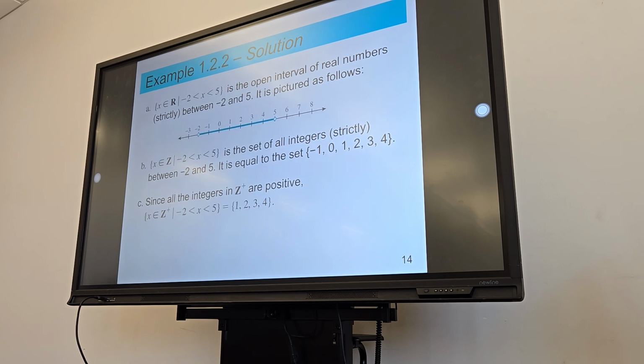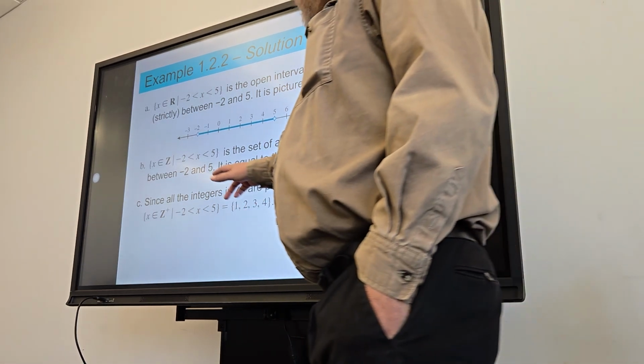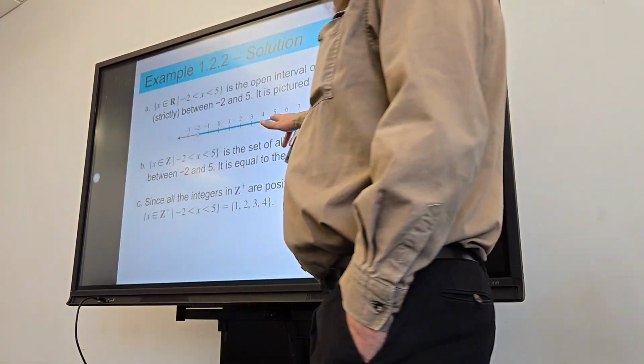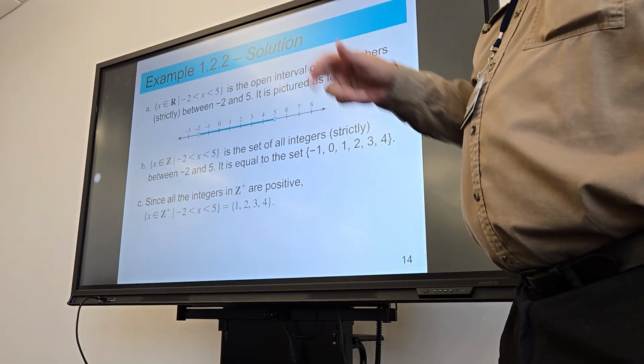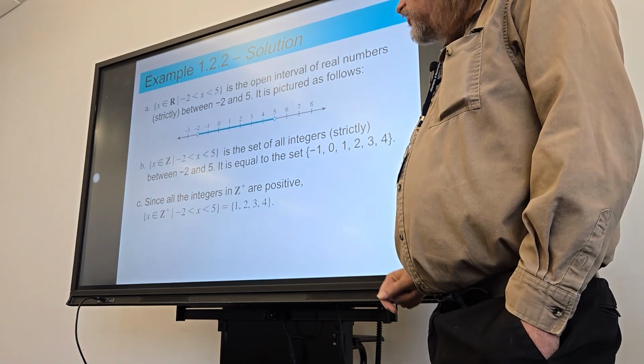So this is how you would represent them. The number line with the open circle on the -2 and 5 represents all points between but not including the endpoints.